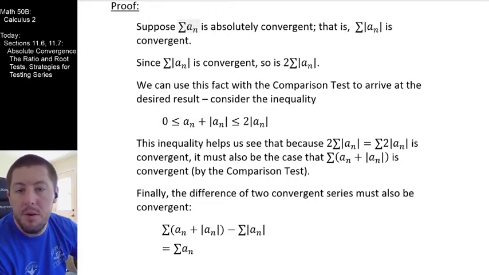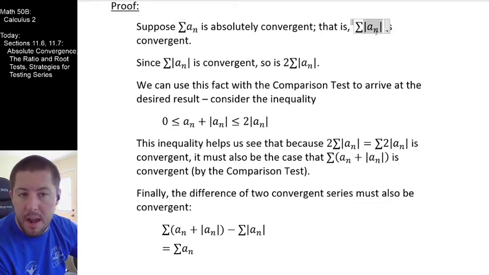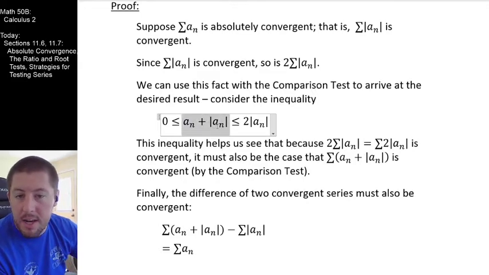On the other hand, consider the opposite extreme where all of the a sub n's were actually negative originally, before we took their absolute value. Then if you take all of the a sub n's here, the negative version, and all the a sub n's here, the positive version, this sum should be 0, because we're taking the negative and the positive of the same number and adding them together.